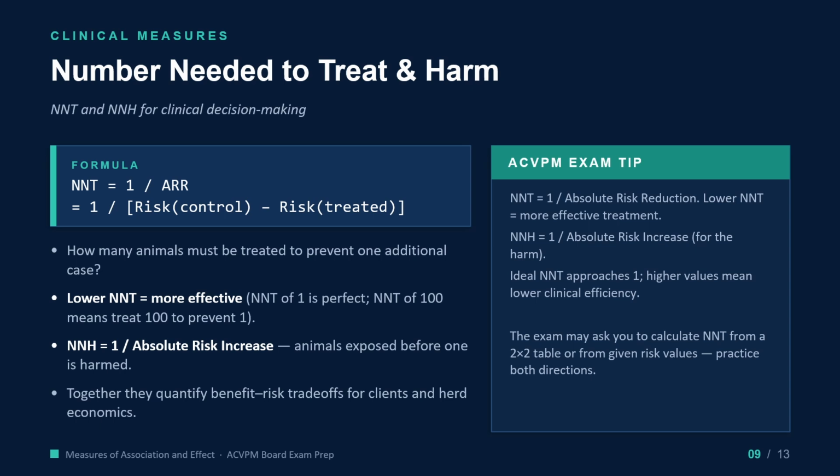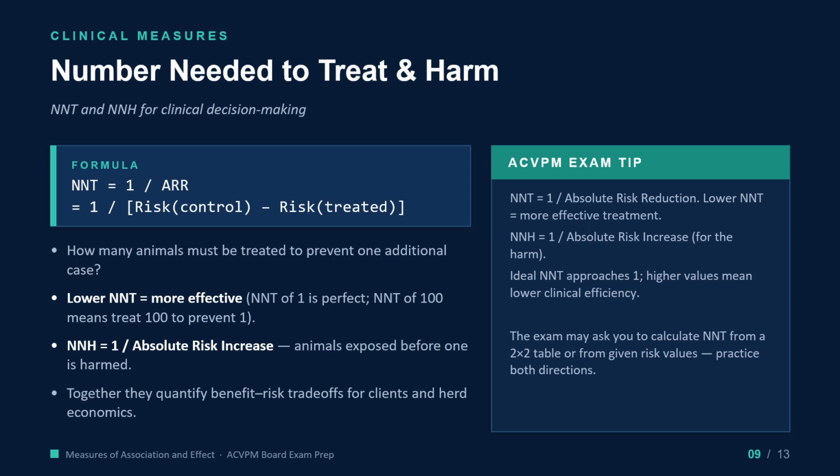A lower NNT means the treatment is more effective. Fewer animals need to be treated to prevent one case. An NNT of 1 would be a perfect intervention. An NNT of 100 means you need to treat 100 animals to prevent just one case.